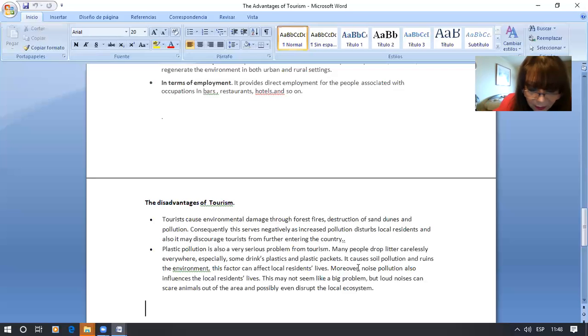There is another fact. I don't know if you have noticed that when we have lots of tourists, the prices increase. So everything is more expensive. So we can say that we have increased prices. That's a disadvantage. Particularly house prices.